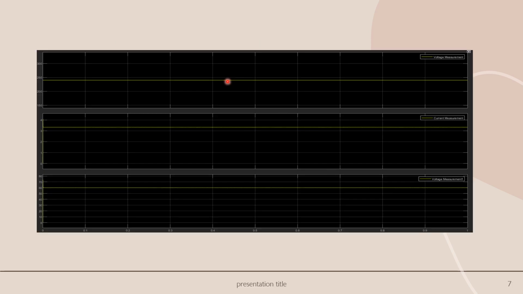So this is the graph, and we'll see that the voltage measurement is 60 volt. The current measurement is 3.2 something, and the voltage is V in. This is V in, so 240, and we get the output voltage of 60 volt.